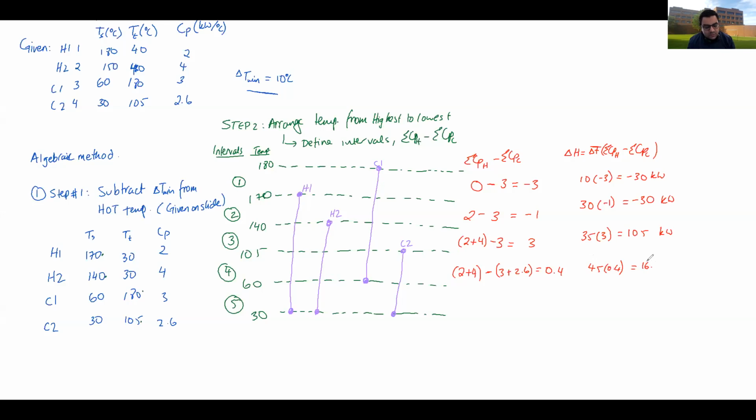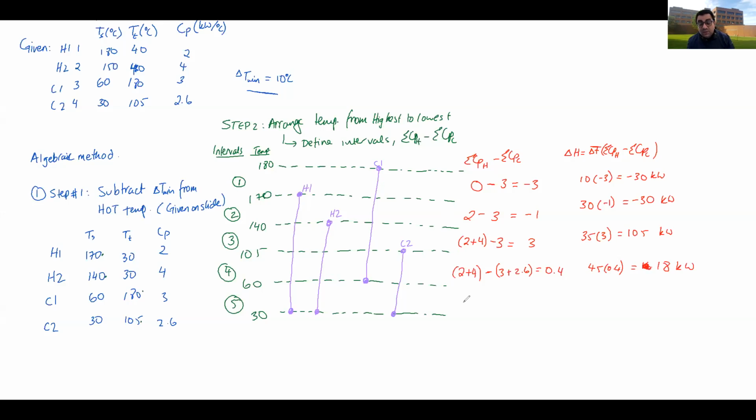16.2 or something like that. Let me just verify this. So we said 45 multiplied by 0.4, that's 18 actually. Good. Because 5 by 0.4 is 2, so this is 18 kilowatts.